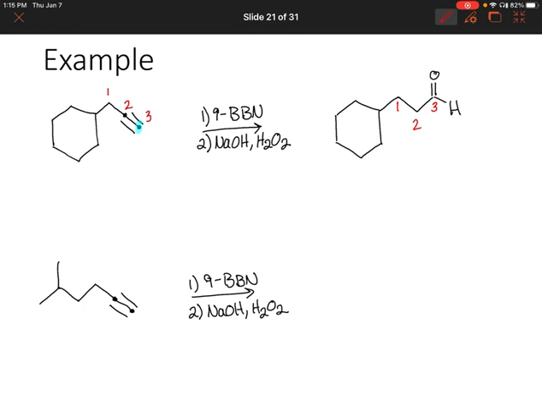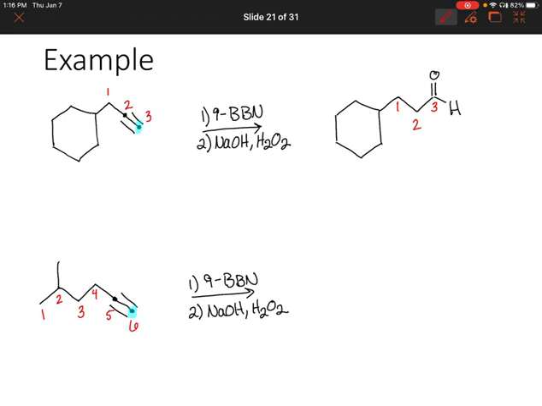Okay, so now what about the other alkyne? What would our product look like? So again, we know that we're eventually going to get an aldehyde on the less substituted carbon, so I'll just highlight that one. And I'm going to number my carbons. 1, 2, 3, 4, 5, 6. Now, if I were trying to name the alkyne, I would have gone the other way because remember we want the alkyne to have the lowest number possible.